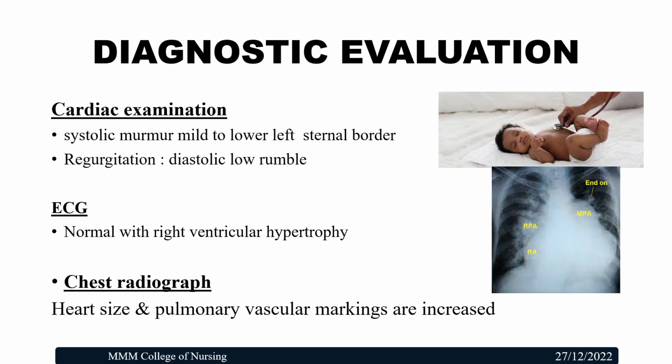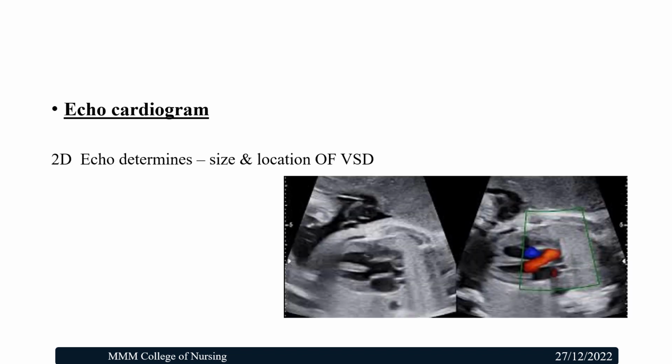Coming to the ECG, normal with right ventricular hypertrophy. On chest radiograph, the heart size and the pulmonary vascular markings are increased. Coming to the echocardiogram, 2D echo determines the size and the location of the VSD.